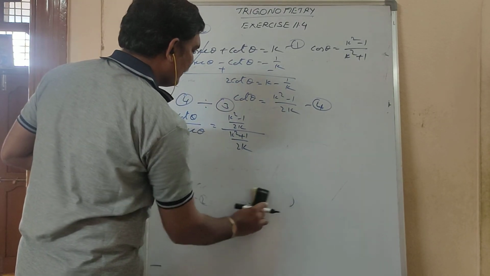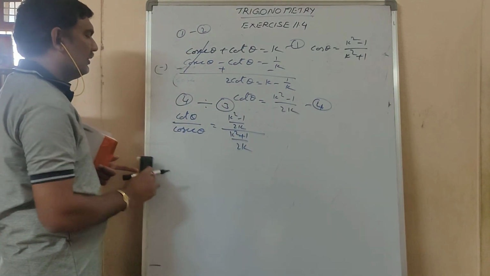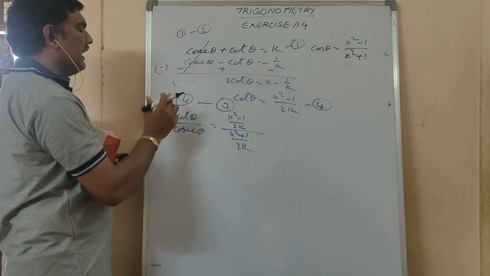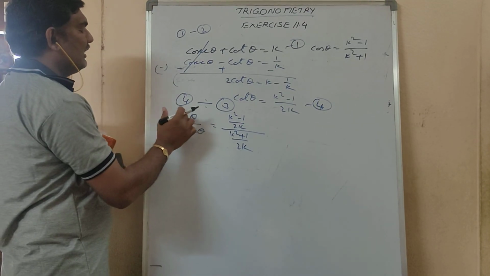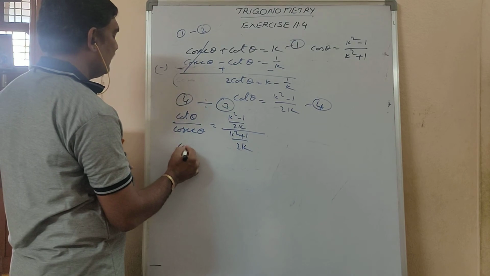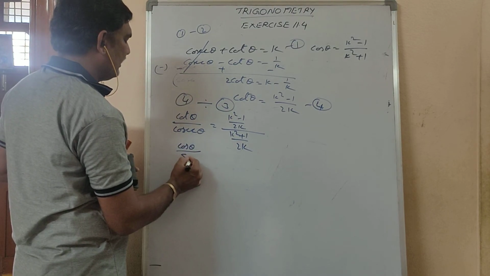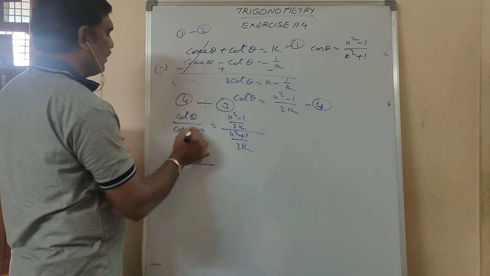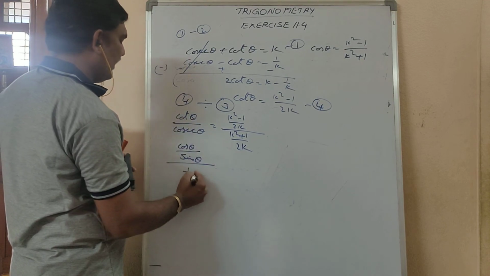Next, what you have to do? I said already, convert into sines and cosines. Cot theta in terms of sin and cos means cos theta by sin theta. Cosecant theta in terms of sin means 1 by sin theta.